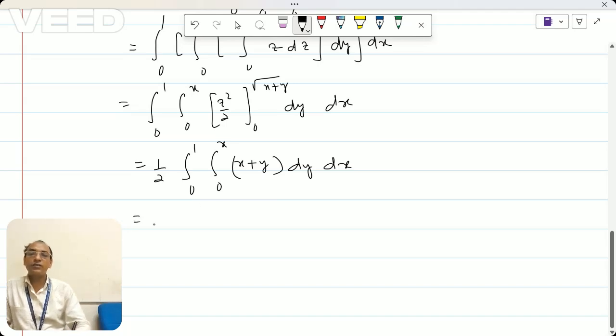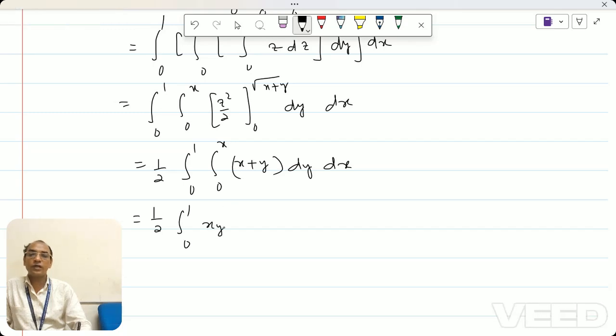And what we will have here is 1 by 2 integration 0 to 1, and the integration of x with respect to y will be xy, integration of y with respect to y will be y square by 2, and the limits are 0 to x. After putting the limit, I will integrate it with respect to x.